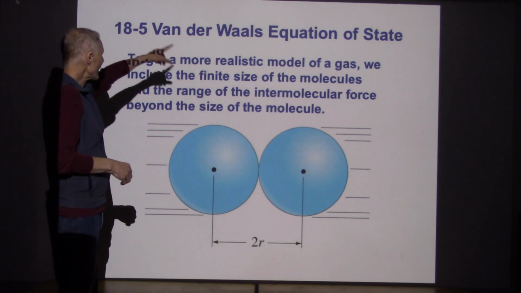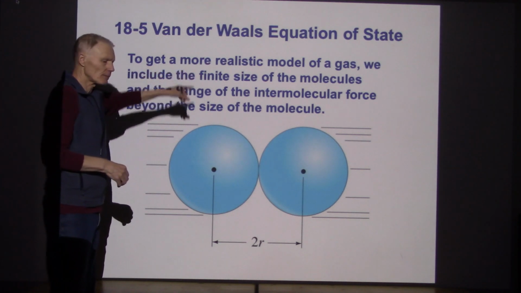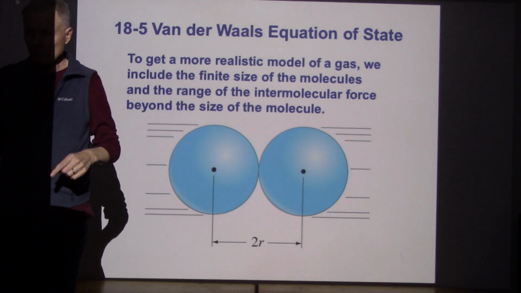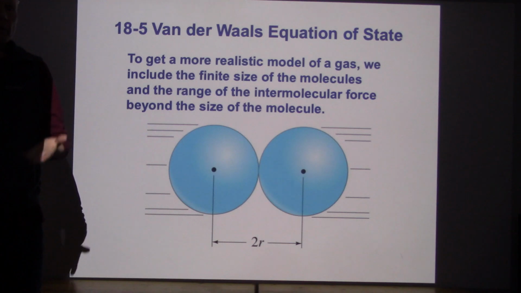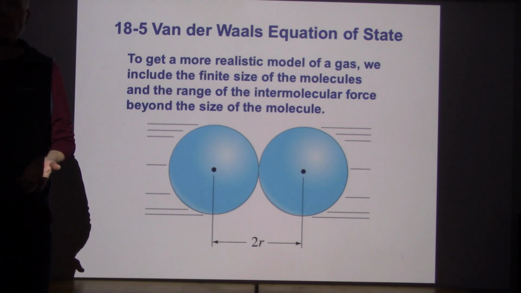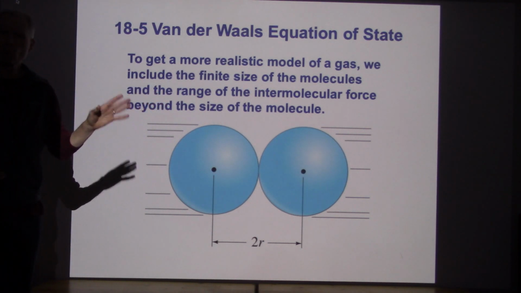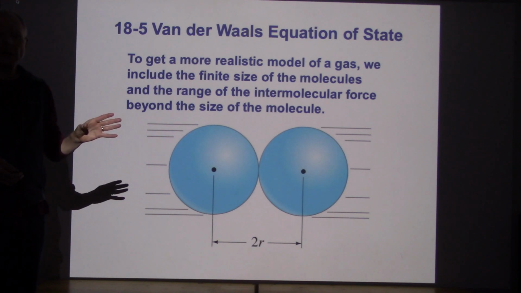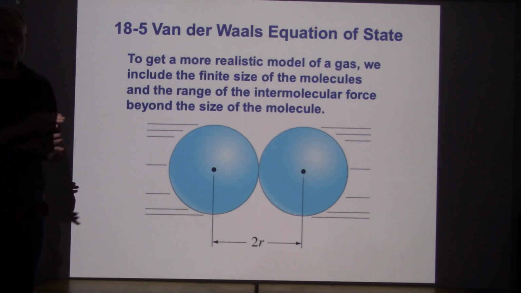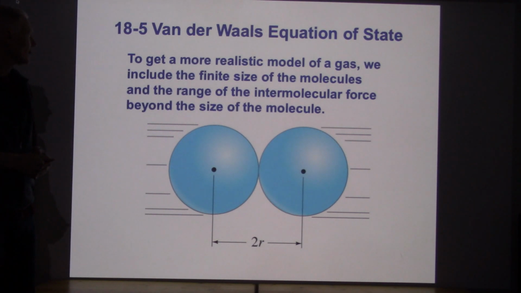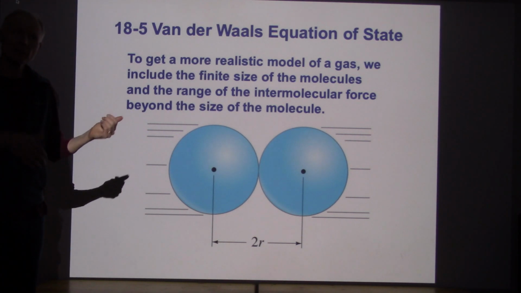So the van der Waals equation of state is a better representation of how gases really behave. The ideal gas formula is a great idealized formula that we come back to all the time, but in reality it can be off.